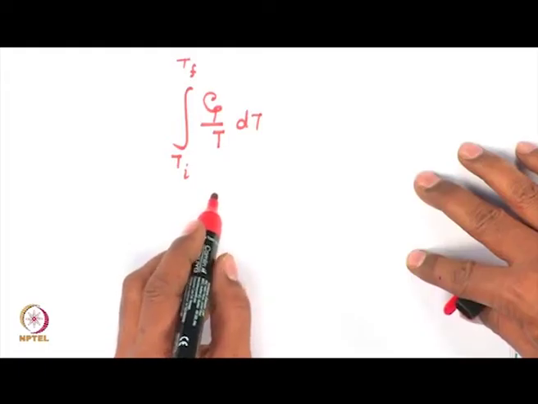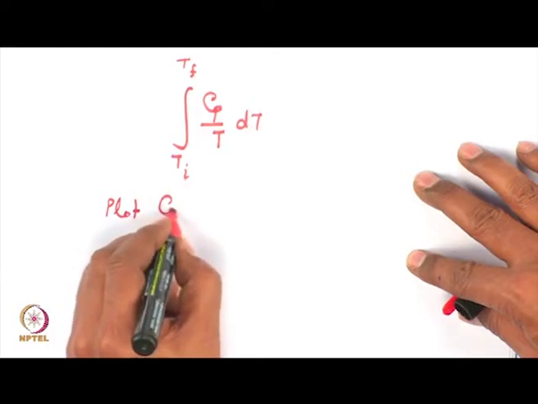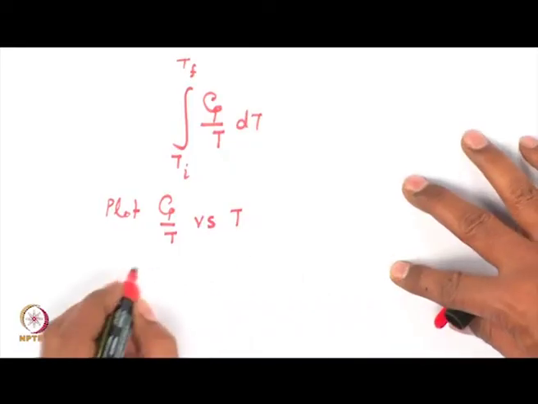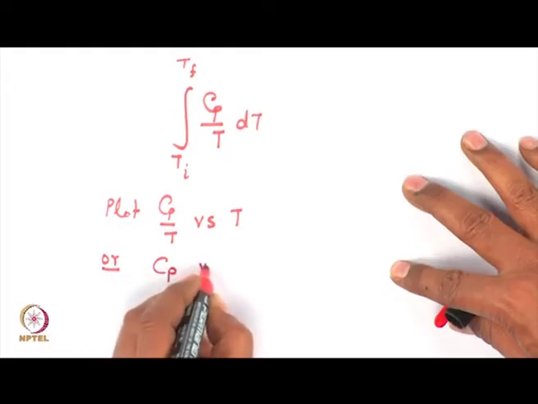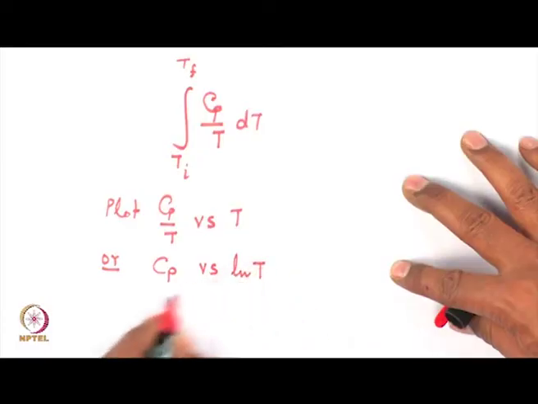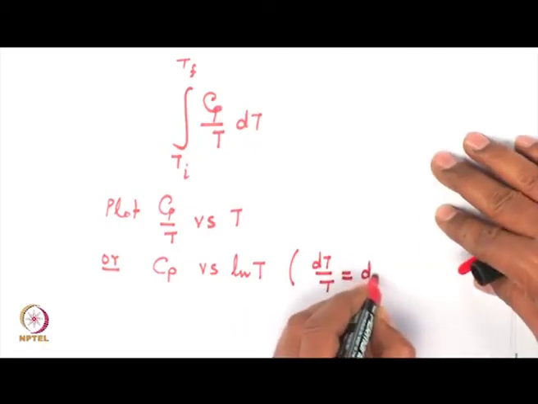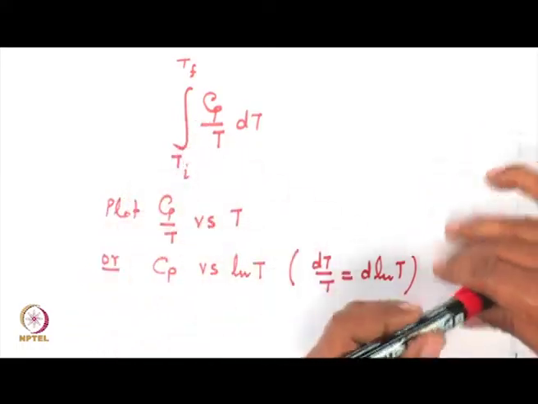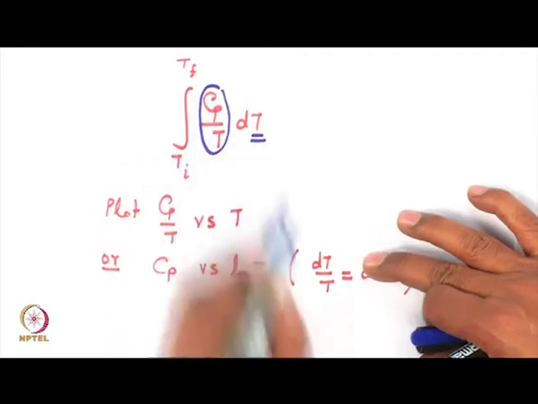So, a graphical method will be I plot Cp by T versus T, or you plot Cp versus log T, because dT by T is equal to d log T. So, an easy way can be I plot Cp by T against T.